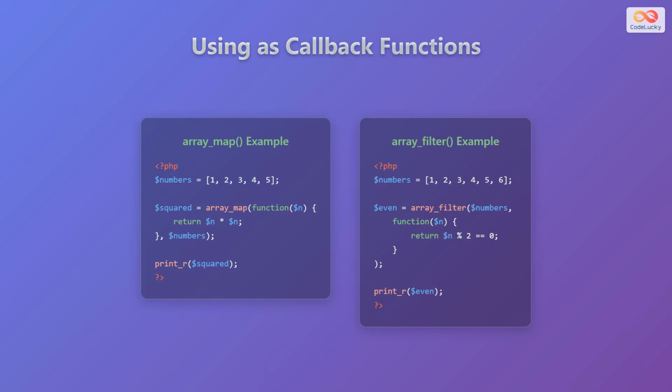Next, we will look at the array_filter function. Array_filter filters the elements of an array using a callback function. Again, we have the array $numbers that contains the numbers 1, 2, 3, 4, 5, and 6. We assign the variable $even to the result of the array_filter function. The array_filter function takes two arguments. The first argument is the array $numbers.